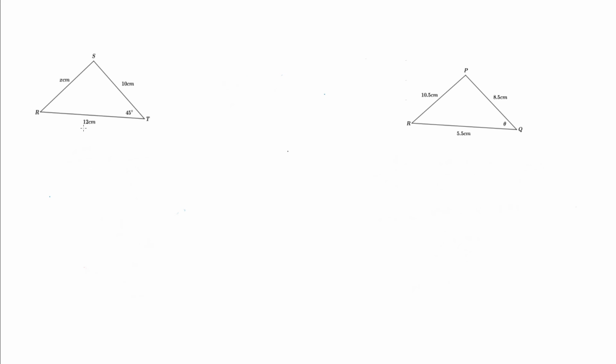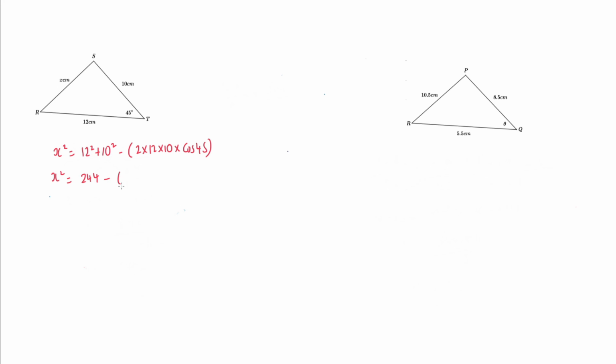Right, so to find the answer for the first question, which is asking us to find the length of x, I'm going to use the cosine rule. So your a squared is going to be x squared equals b squared plus c squared. So that's going to be 12 squared plus 10 squared, doesn't matter which order, minus 2 times 12 times 10 times cos 45. So then x squared is equal to, if you put that in your calculator, 12 squared plus 10 squared gives 244.